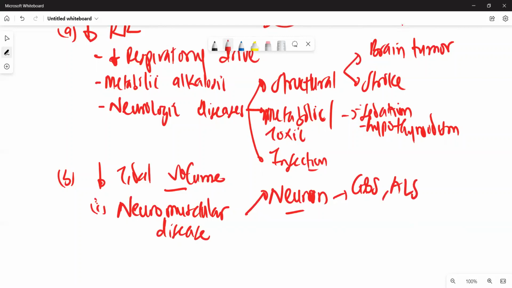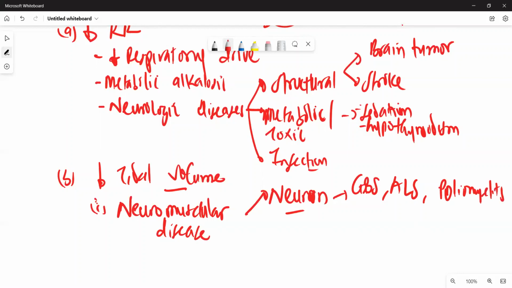ALS, right? Whereby there's destruction of both the upper motor neuron and the lower motor neuron. That will also affect the diaphragm and cause hypoventilation, because they can't bring in enough tidal volume. Next one is poliomyelitis.